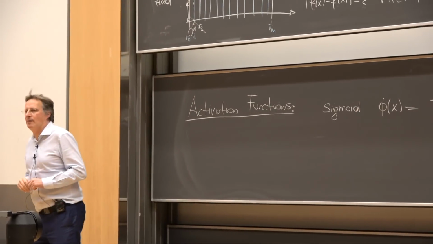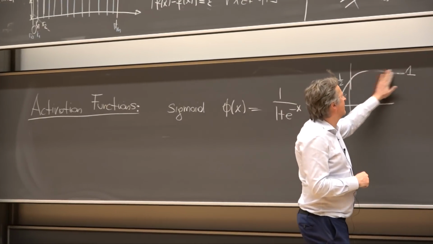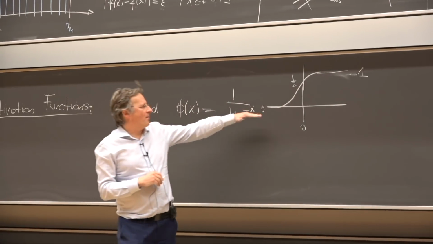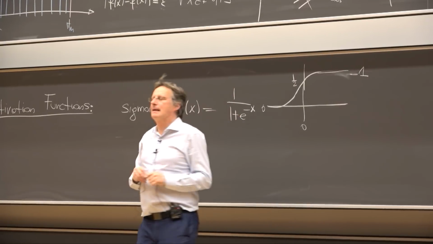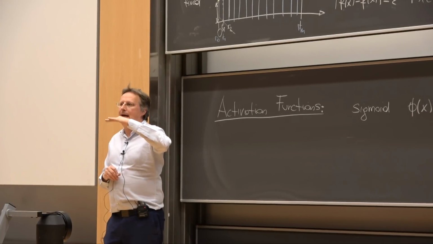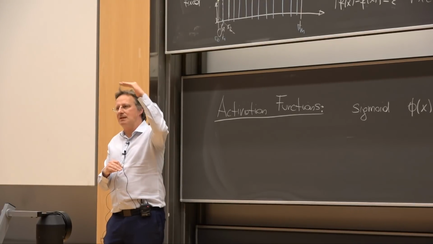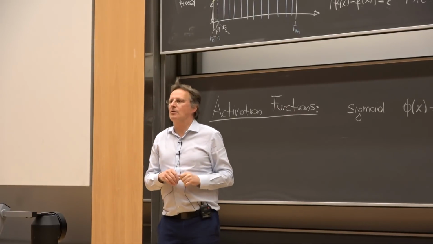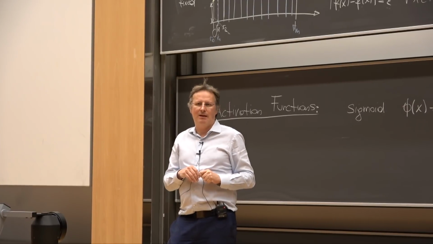It's nice, smooth, differentiable everywhere, has many nice properties. It doesn't go down, it stays constant here. But it does have a problem. The biggest problem is that in training, and we'll see this, and hopefully you've looked at it already during the exercise, these derivatives become very close to 0. As we'll see in the training phase, when we compute the derivatives, there will be products of such derivatives coming in. And if you have a product of many terms, each of them being potentially close to 0, you get something that's very close to 0, and that can cause trouble in the training phase.